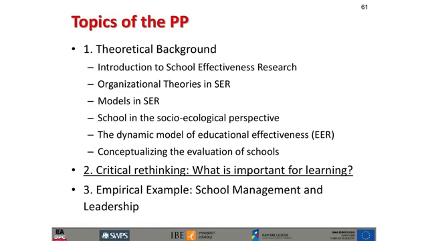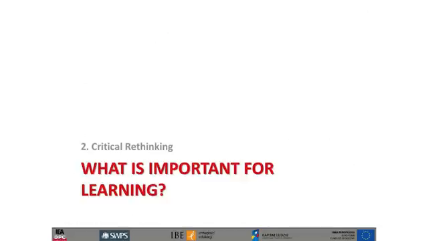So now I would like to give us a few minutes to critically rethink the concept of evaluation of school and of learning quality in schools, namely to reflect on what is important for learning, but not only on the school level, but from a more general point of view.